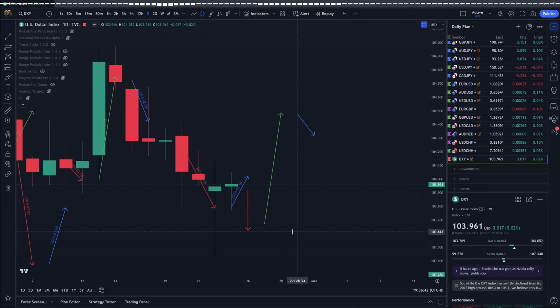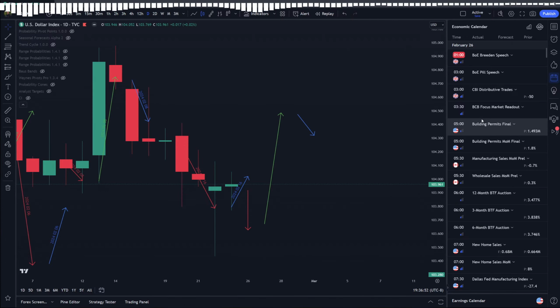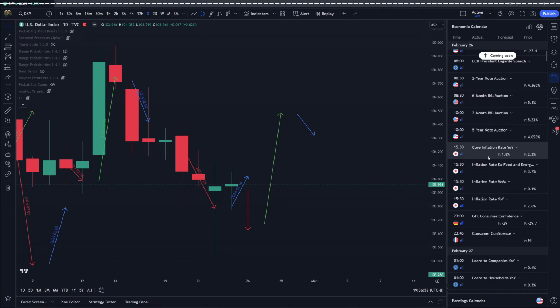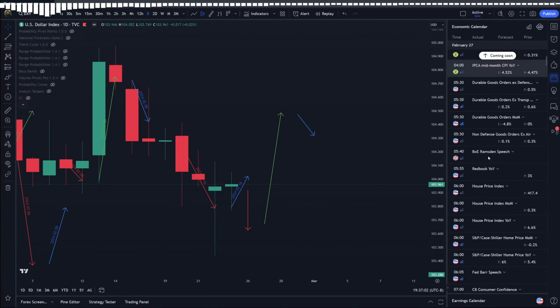Okay. Let's start this off with a quick discussion of the calendar for the week ahead. So I'm going to go into TradingView, and hopefully this time everything that I'm going to be talking about will be in the calendar. On, I believe, Monday, we have Japanese inflation.